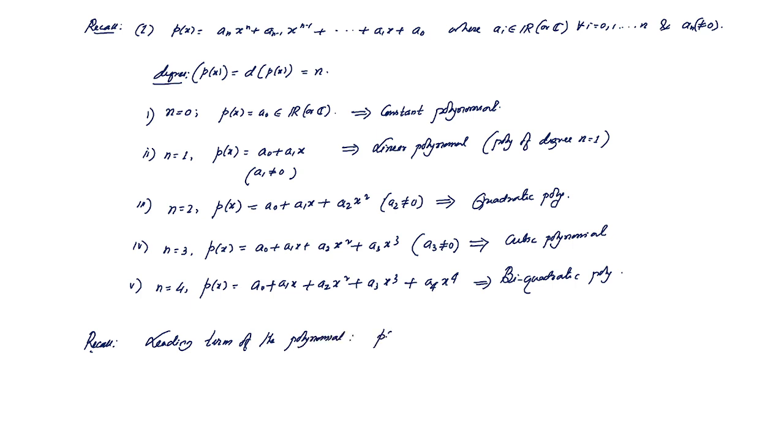What exactly do we mean by this leading term? p(x) equals an x to the power n, an minus 1 x to the power n minus 1, ... a1x plus a0, where all ai's are either real numbers or complex numbers for all i equals 0, 1 to n, and n is not equal to 0.